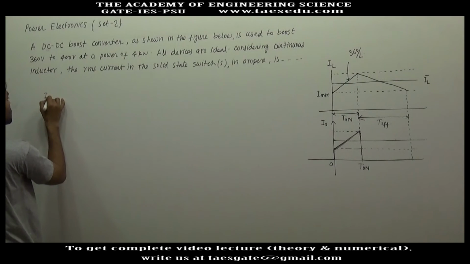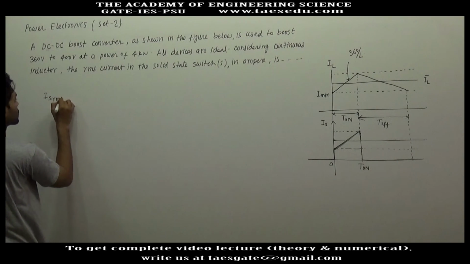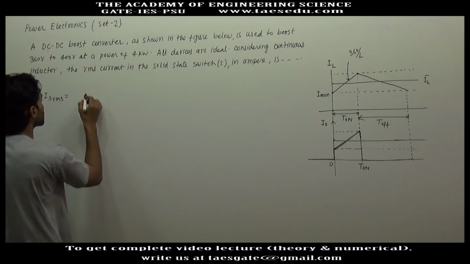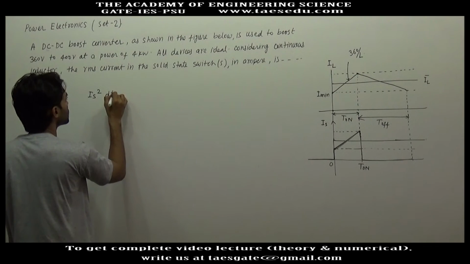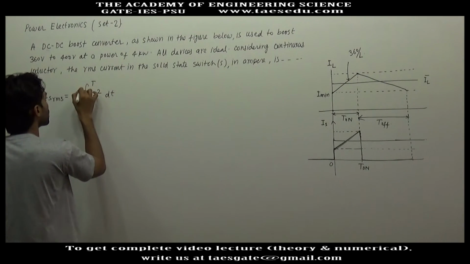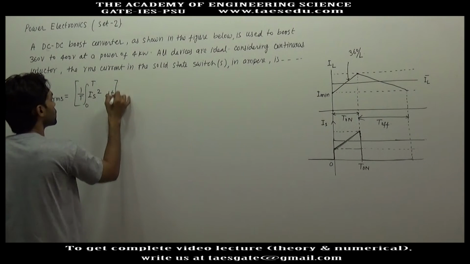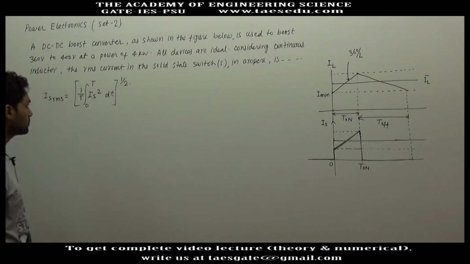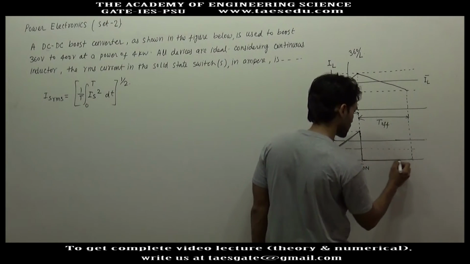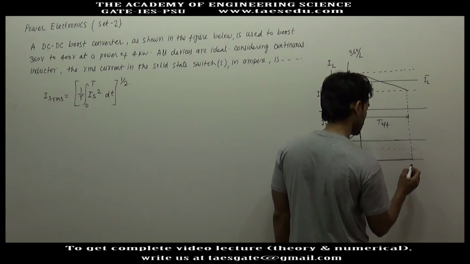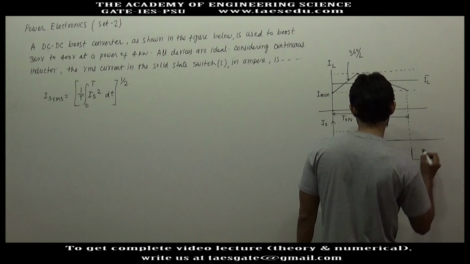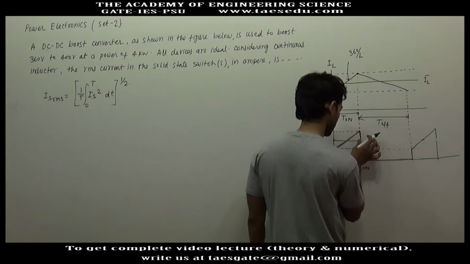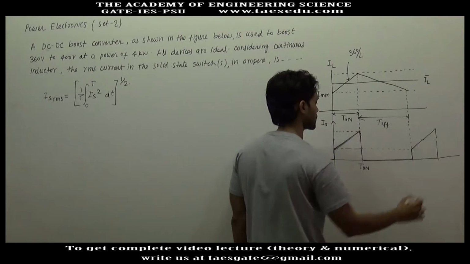The expression for the RMS value of switch current will be the integral of the instantaneous switch current squared dt from 0 to T, times 1 by T, to the power half, because this current is periodic. Up to this point it will be 0, and after this point it will again take this same shape. This is the shape of switch current.